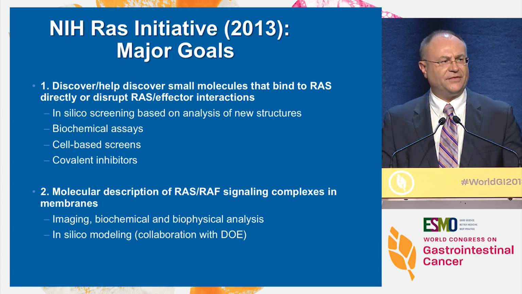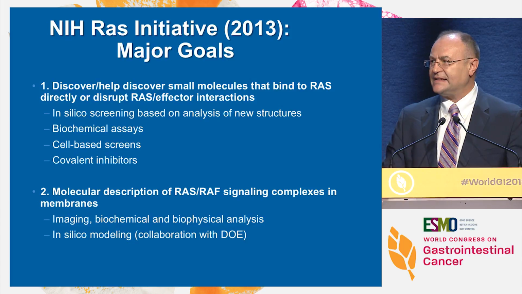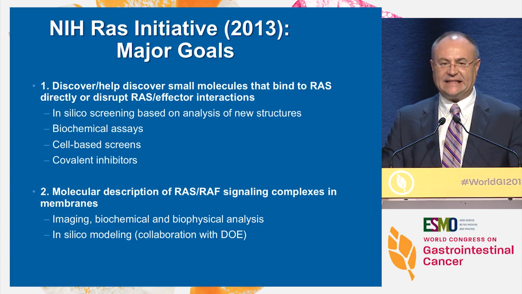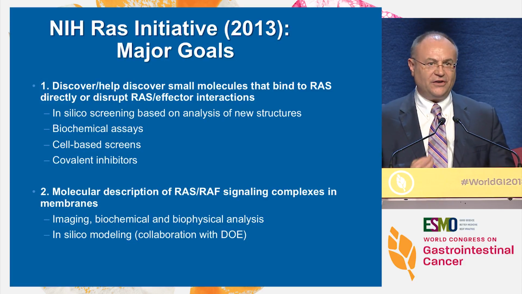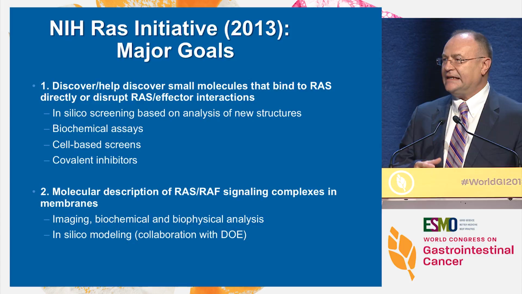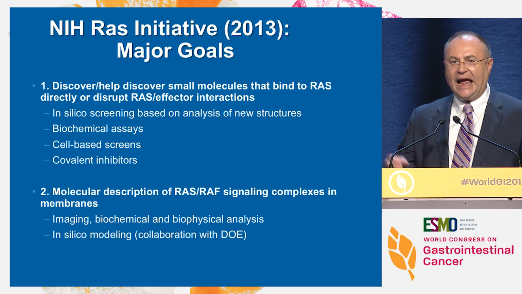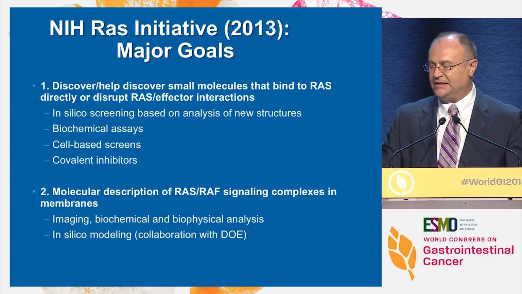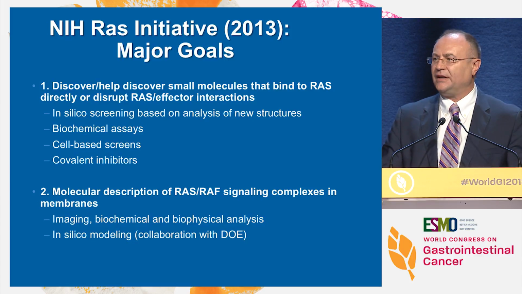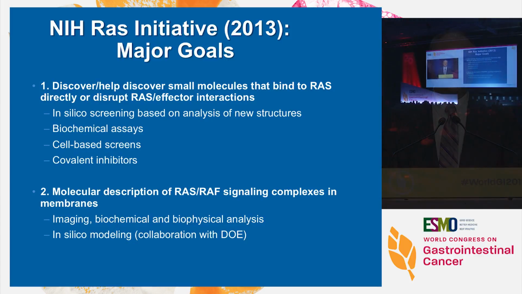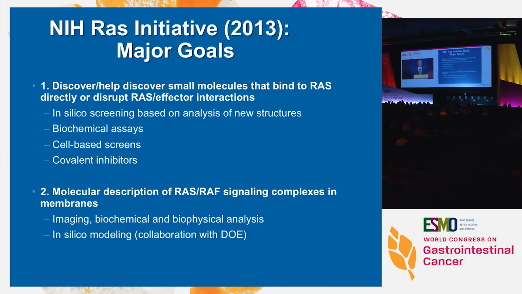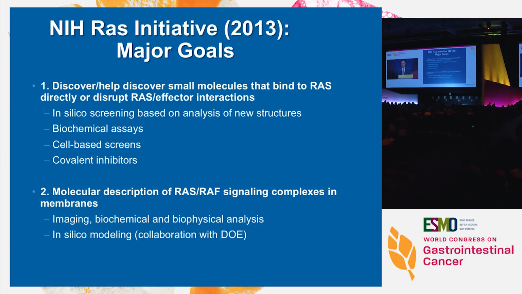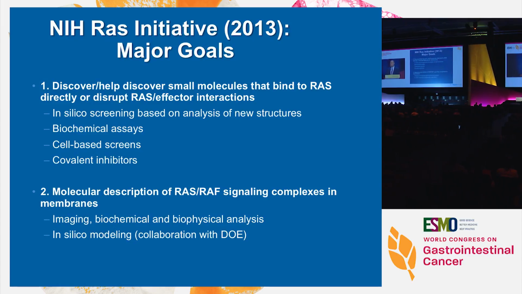Different research groups around the US are involved in different assays to identify successful treatments. What has not been well understood is the RAS-RAF signaling and how this can be interrupted. So a lot of structural research has been implemented within this initiative to better understand the protein-protein interaction and the complexity of these pathways.